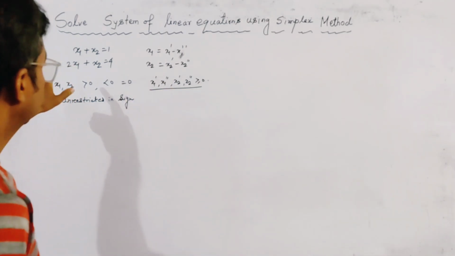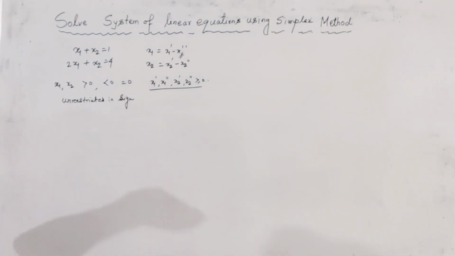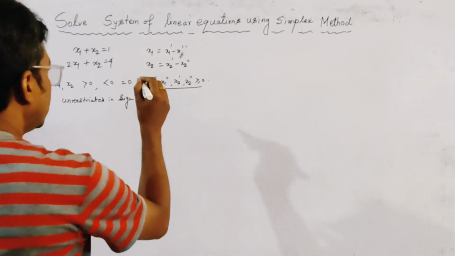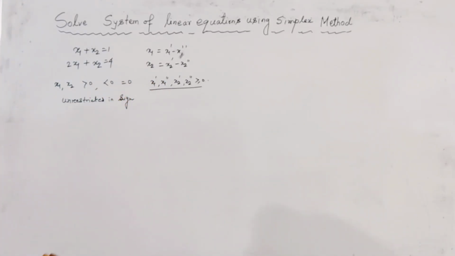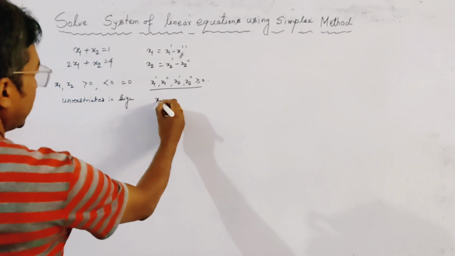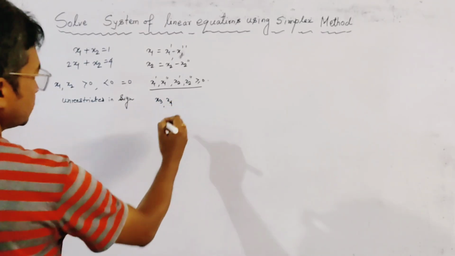Now, to put this system of linear equations in the form of an LPP, we introduce two artificial variables, x3 and x4.